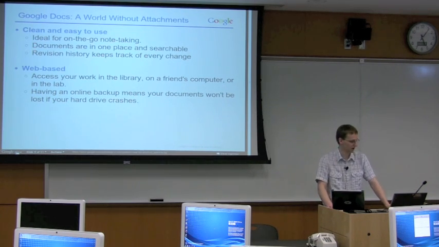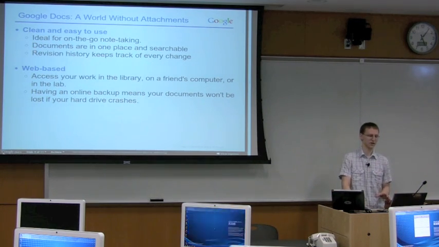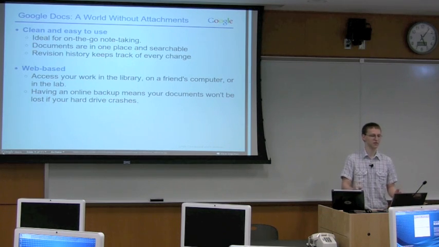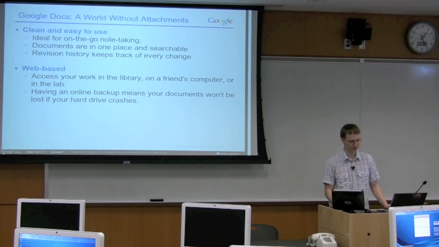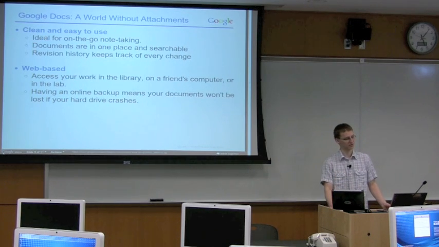If you're taking notes in a class and you want to go back and find the place where you were talking about the Industrial Revolution, you can do a full text search among your documents. Not really possible when you're taking notes by hand. You can't really search among paper that you write on your own. You have revision history, so you can go back and see how your document has evolved over time, how it looked at any particular moment in time.